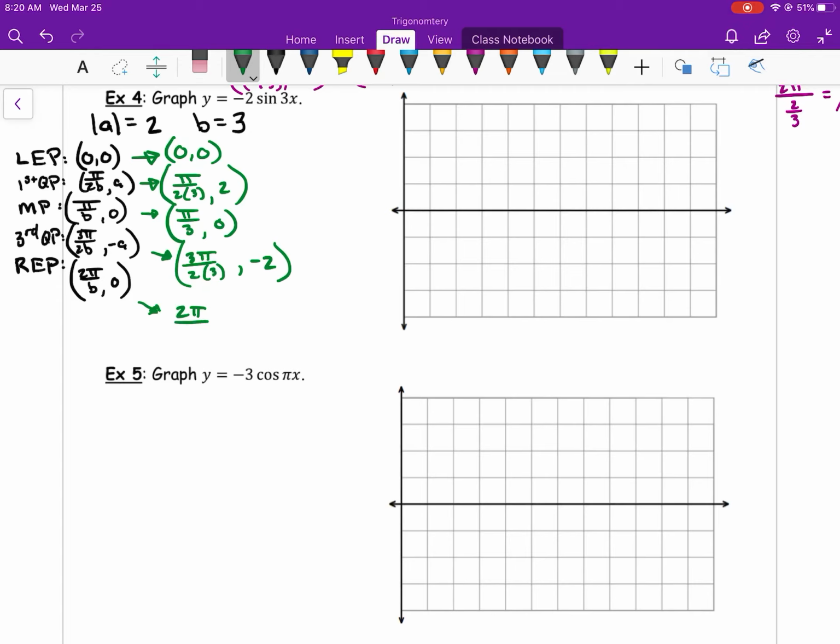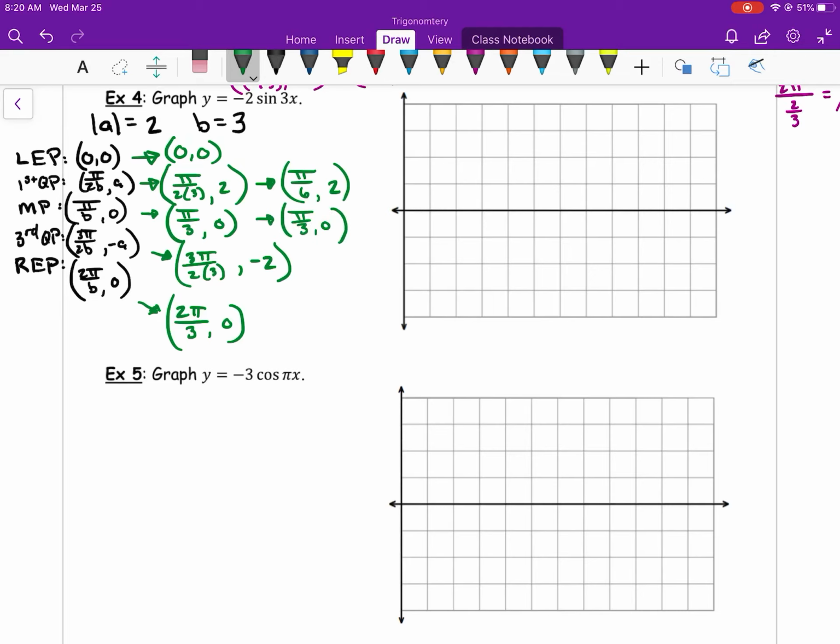And then 2 pi over 3, 0. And just got to clean up anything that we have. Alright, so left endpoint's good. First quarter point will be pi over 2 times 3, which is 6, comma 2. Midpoint doesn't need to be changed.